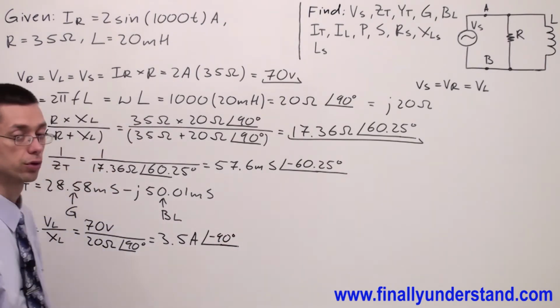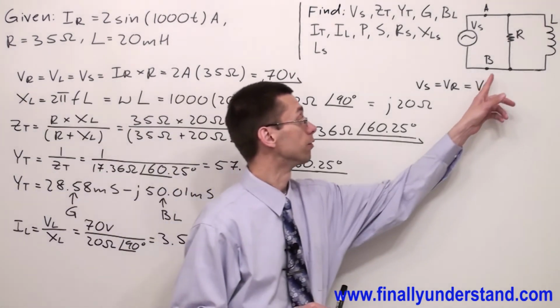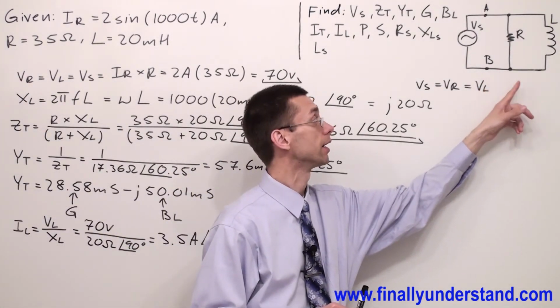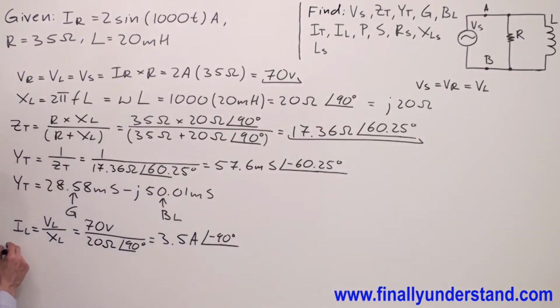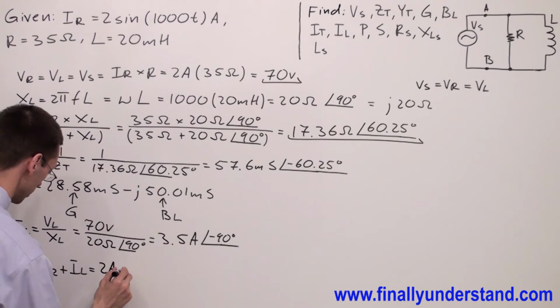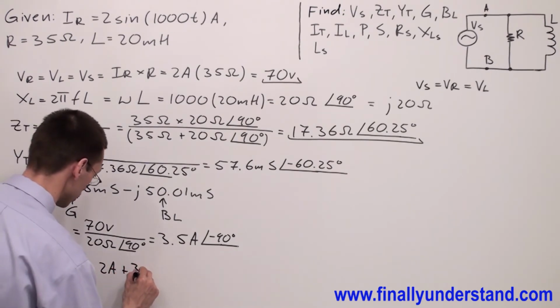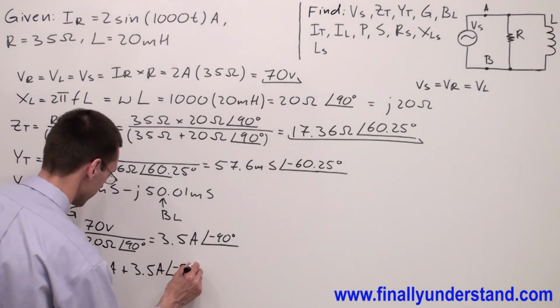Next, I'm going to use Kirchhoff's current law, which says that the sum of two currents, IR and IL, is supposed to give me I total. So I have KCL, which says I total is equal to IR plus IL, where IR is 2 amps plus IL, 3.5 amps and angle of negative 90 degrees.